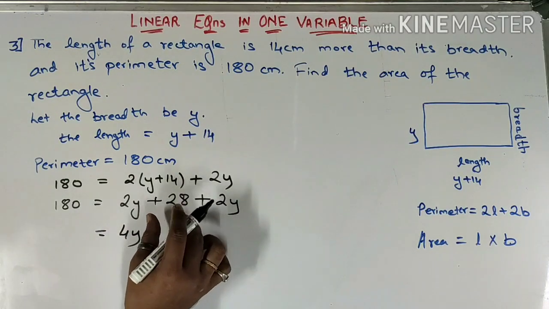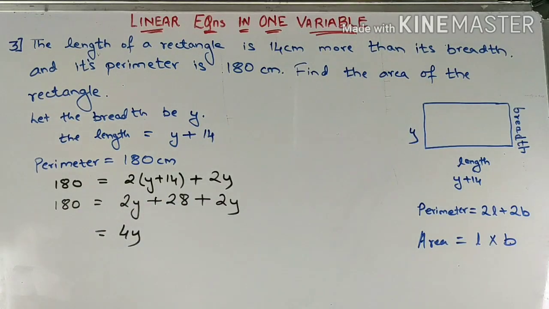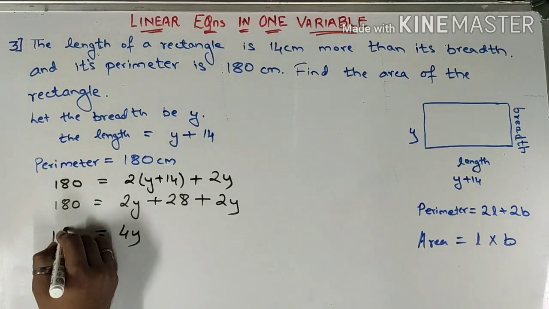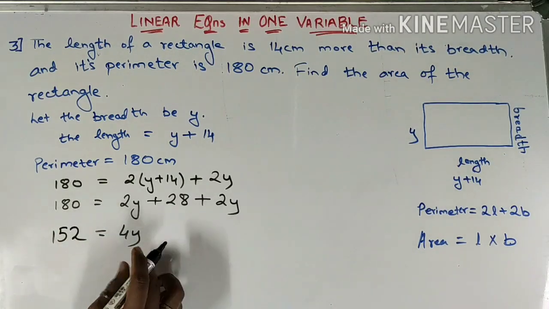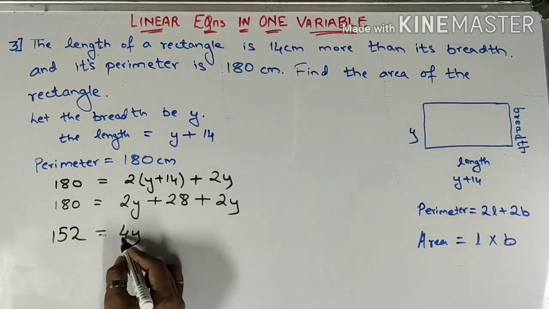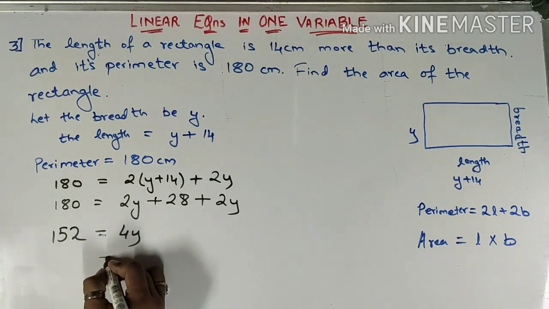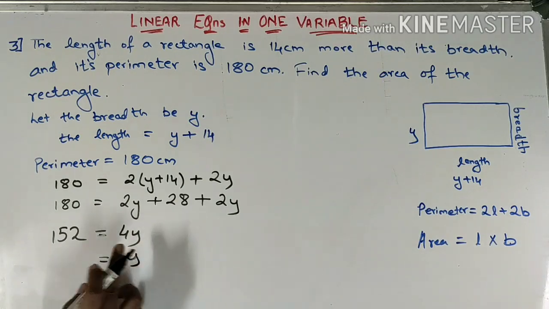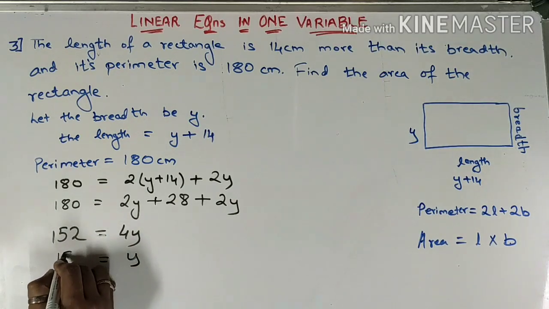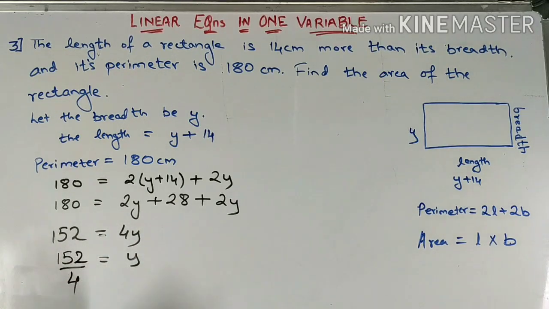This plus 28, I want to get rid of it and bring it on the other side. So 180 minus 28 gives me 152. So again the known term, that is 4, I have it over here on the right hand side. I will take it on the other side. So y is equal to, dividing both the sides by 4, I get 152 divided by 4. So eventually what do I get y as?